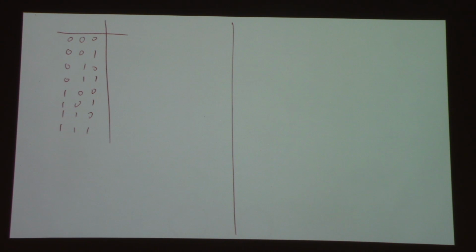Let's say you have 3 dimensions. These are your possible inputs, right? This is all possible combinations of 3 booleans.